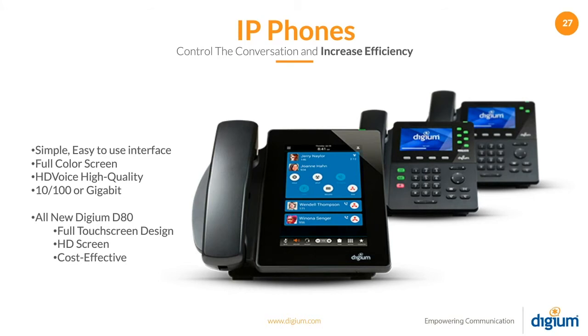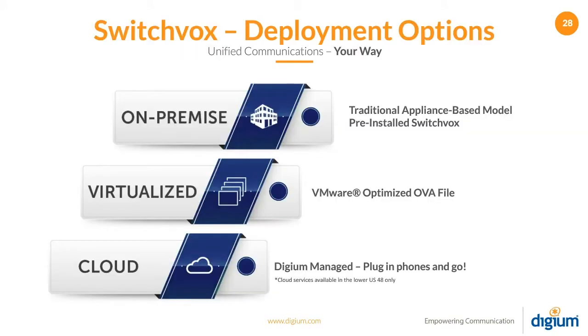And last but not least, I just want to quickly talk about the different deployment options you have with Switchvox. So you can deploy it your way, whether you want an on-premise appliance that has Switchvox pre-installed. So we have traditional appliances. If you just want a piece of hardware you can install, it has everything in it, and you just plug it in and go. Well, we have our on-premise appliances.